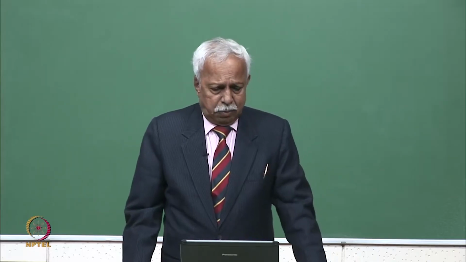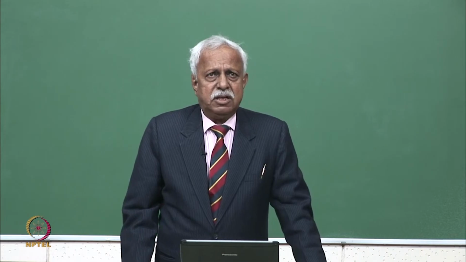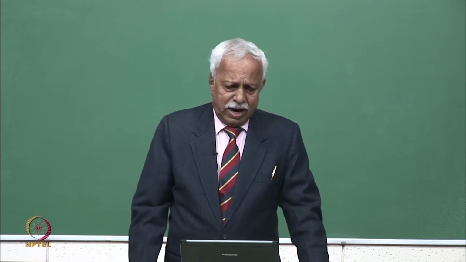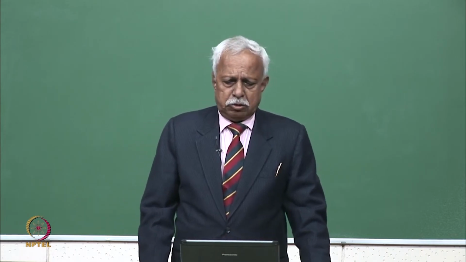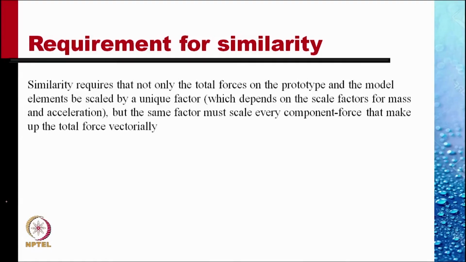In the last couple of lectures, we have discussed that similarity requires that not only the total forces on the prototype and the model elements need to be scaled by a unique factor which depends on the scale factors of the mass and acceleration, but the same factor must scale every component force that makes up the total force vectorially.